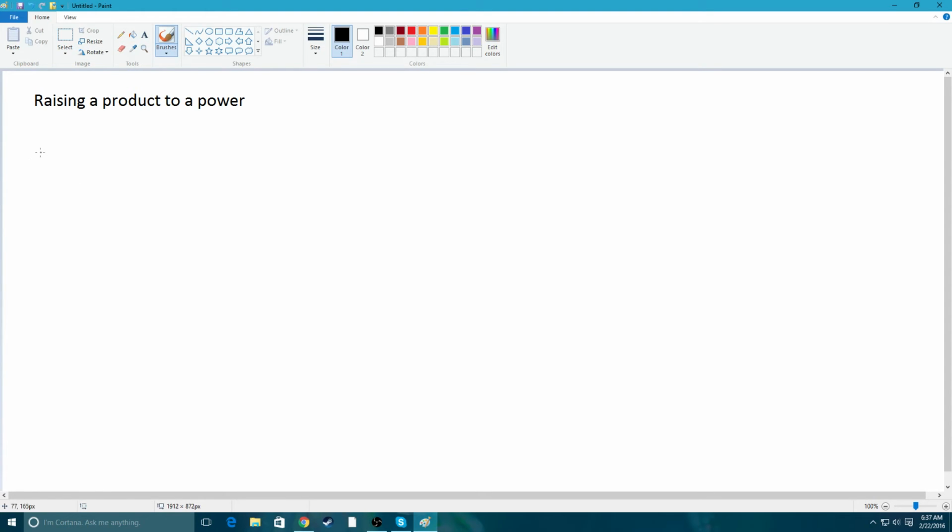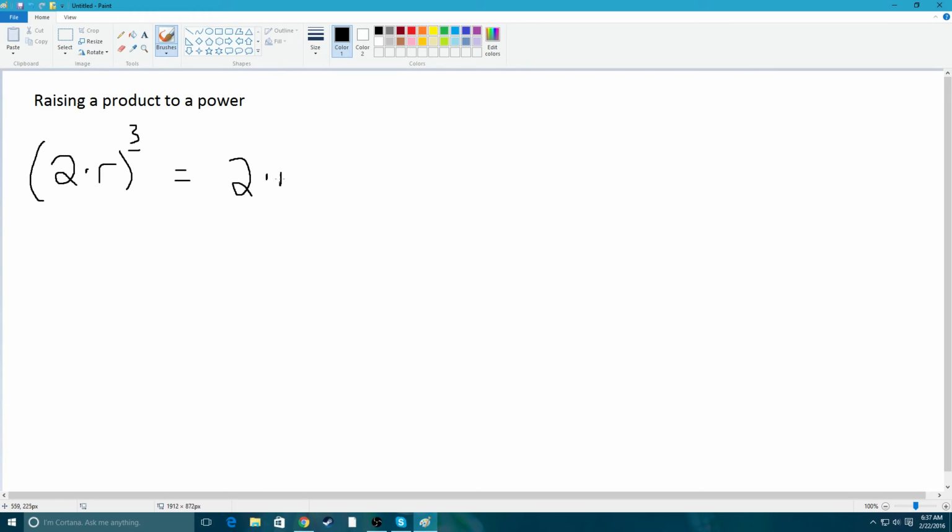So let's say, for example, you've got 2 times r to the 3rd power. You have a product in the parentheses, meaning you have some kind of multiplication going on, and you have an exponent on the outside. That's our power. Okay. So repeated multiplication, the exponent says that we're going to do 2 times r 3 times.